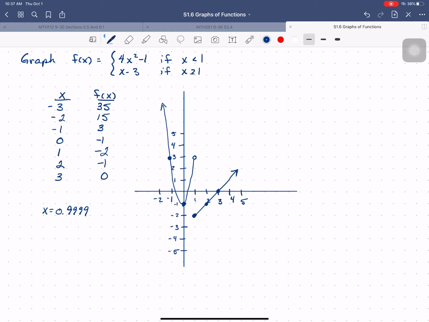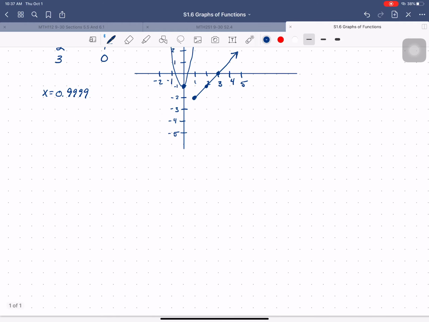So we are going to talk a lot about the zeros of a function. And the zeros of a function are the x values where the function output is 0.